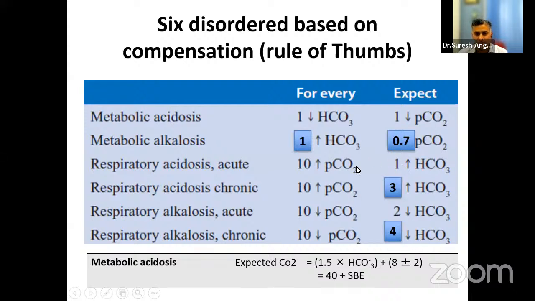So we can remember that for respiratory acidosis, the numbers are 1 and 3, and for respiratory alkalosis, the numbers are 2 and 4. So odd numbers for acidosis and even numbers for respiratory alkalosis. This is another formula with which we can find out the expected CO2 in case of metabolic acidosis: expected CO2 can be calculated as 1.5 times bicarbonate plus 8, plus or minus 2.